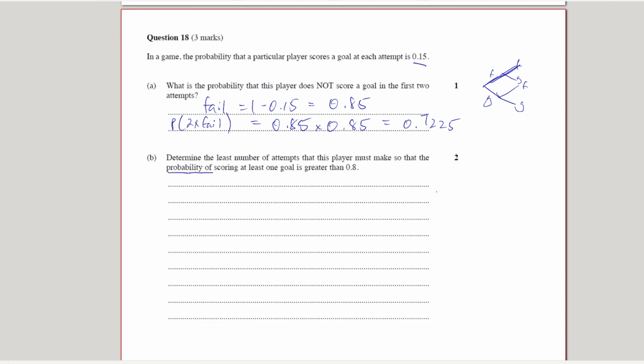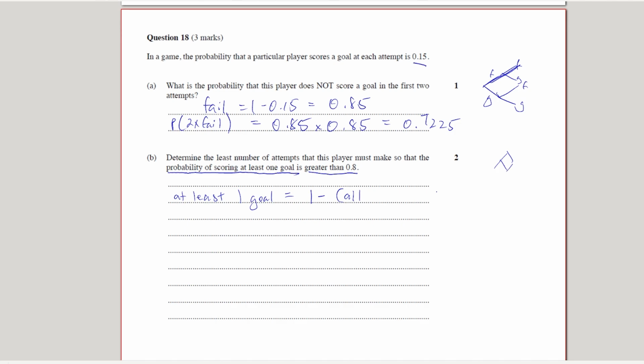Scoring, probability of scoring at least 1 goal is greater than 0.8. Okay, what does this look like? So if you think about it, at least 1 goal is going to be 1 minus all of every attempt being a failure. Let's look at the tree diagram again here.